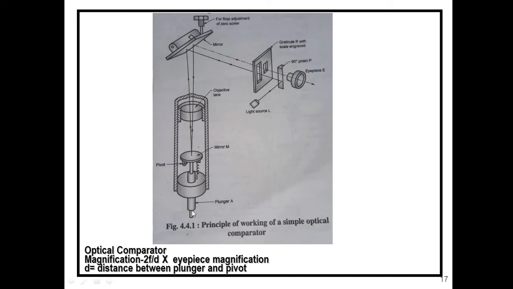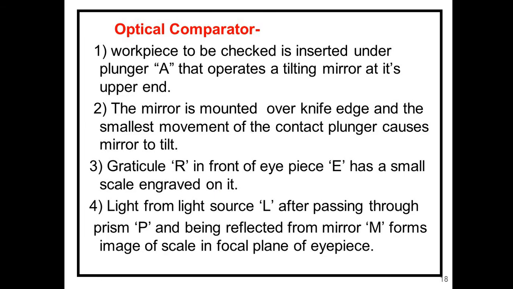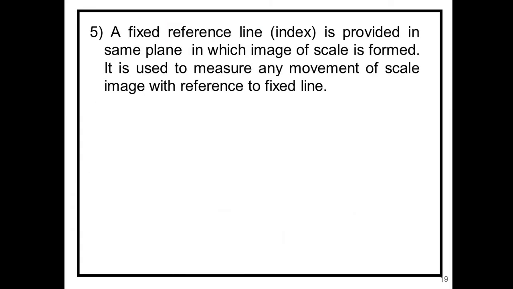Now there are some advantages of this optical comparator, whatever we have discussed is written over here. The advantages are: the optical lever is weightless, very simple, high range, and there is no possibility of parallax error, which can happen in the mechanical comparator.